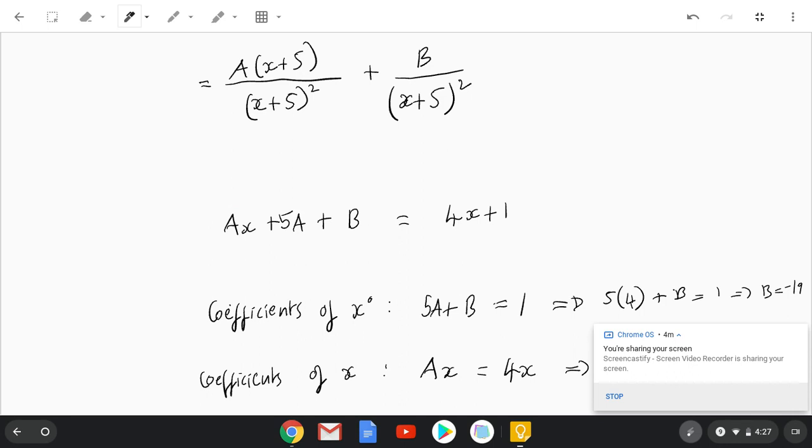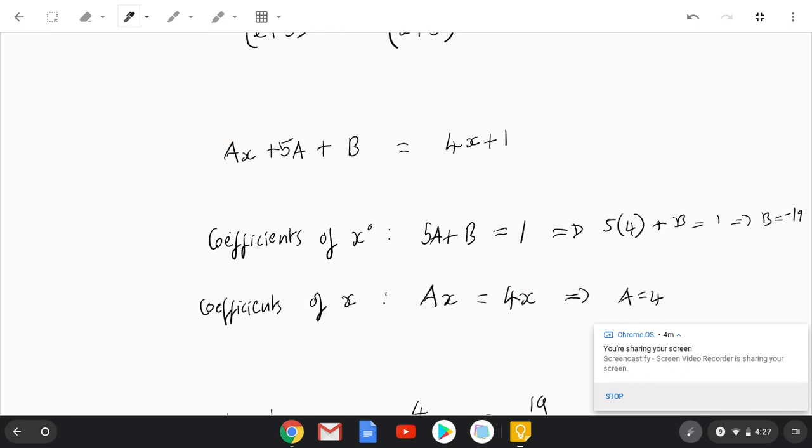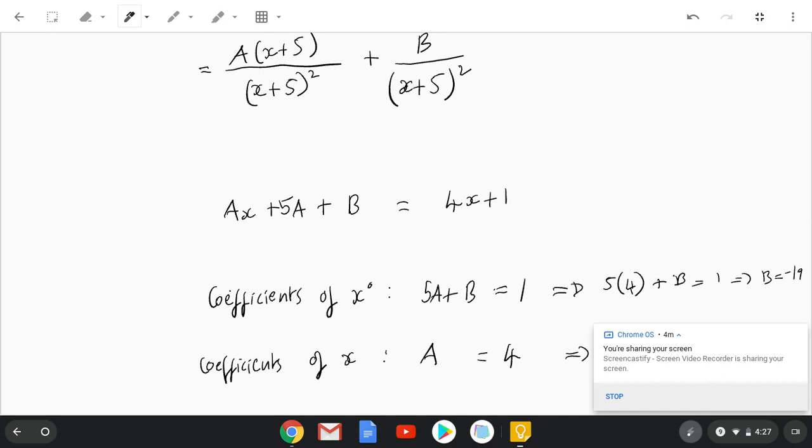So ax on this side should equal 4x. Actually, I should write it out as a is equal to 4. So the coefficient of x on the left hand side is a, and the coefficient of the x on the right hand side is 4, so a equals 4.